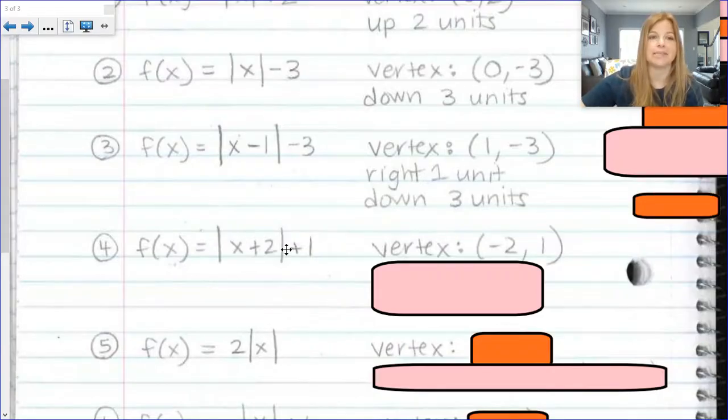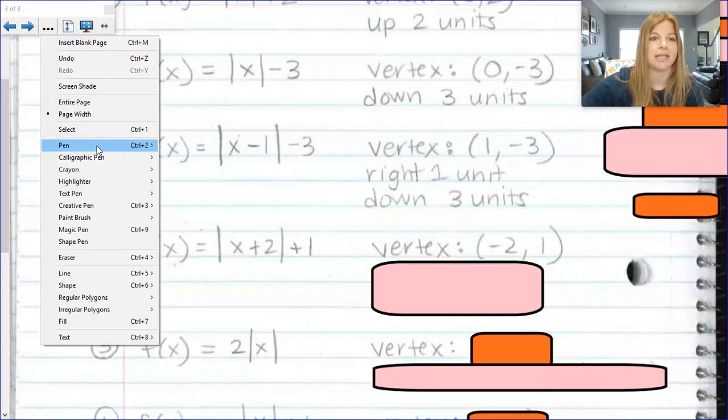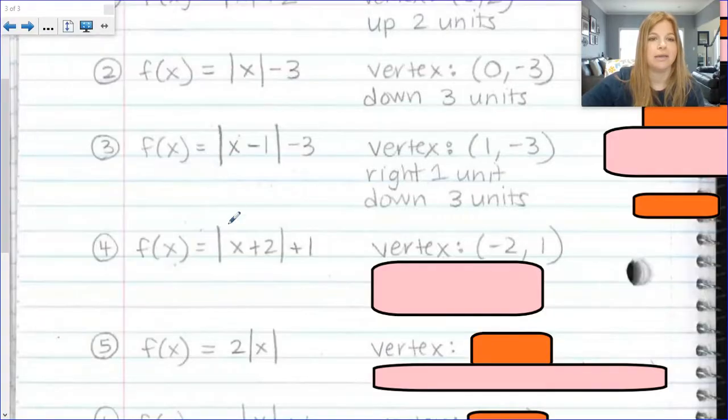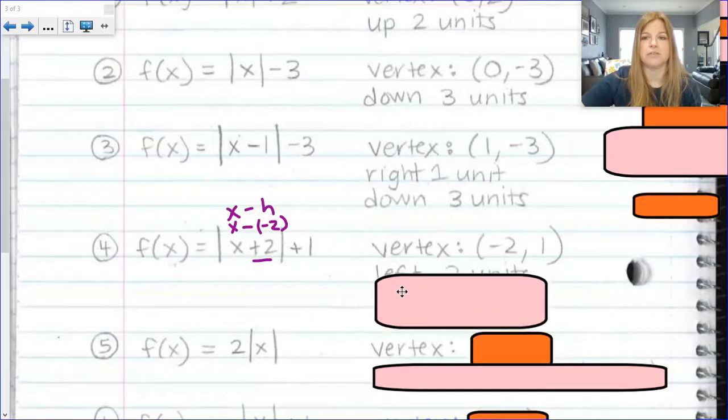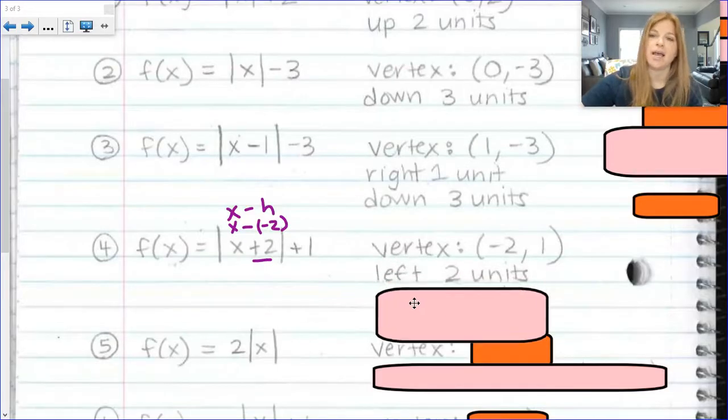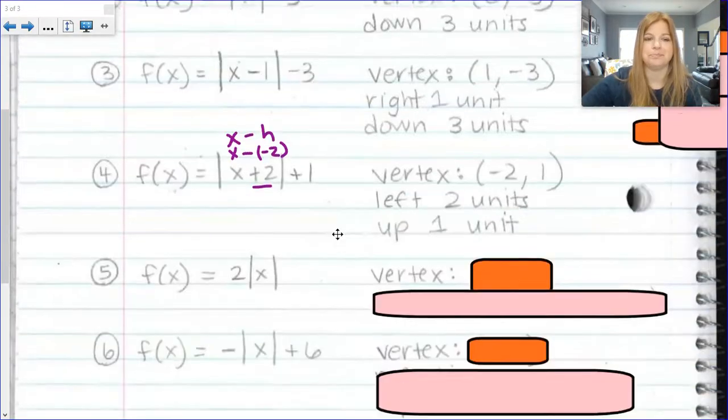Since it's x minus h is the formula, it would have to be x minus a negative 2 in order for it to actually become plus 2. So that h value is really a negative 2. Negative 2, 1 would give me a shift of 2 units to the left and then 1 unit up.